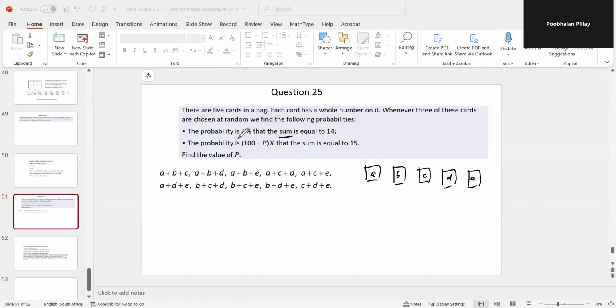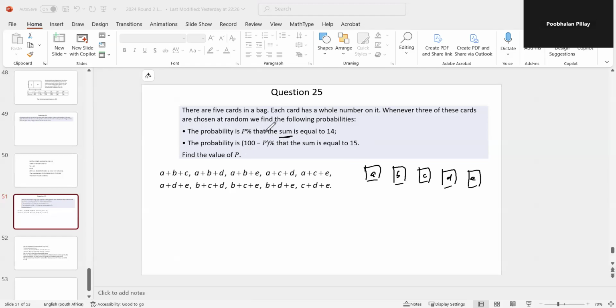Okay. Now it says the probability is P% that the sum is equal to 14, and 100 minus P%, the sum is 15. This looks very complicated. But what we are saying here is that the sum is 14 in this case, and the only other sum is 15, because these two add up to 100%, you see.